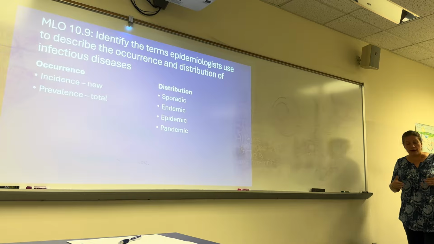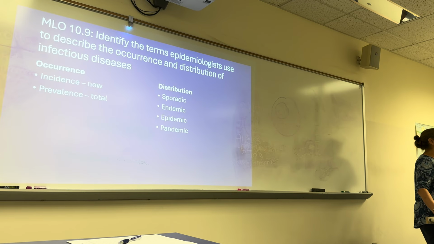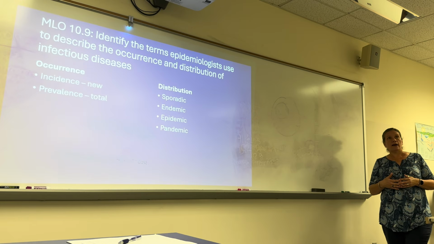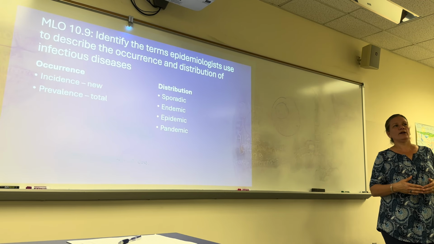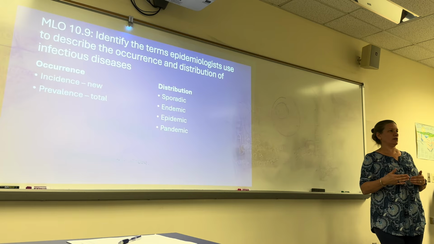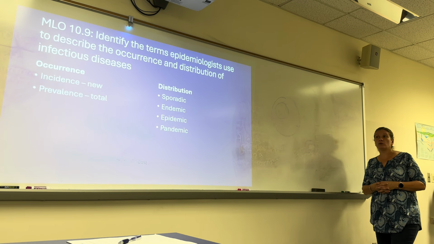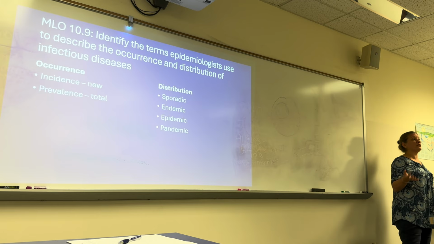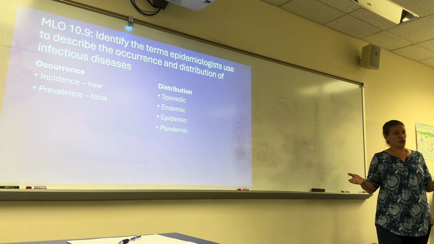And you say, well, why would that make a difference? Well, new cases, and where we're at with new cases, gives us an idea as to what's happening now, and the transmission that's occurring. Total looks at all of these people that are infected, but that doesn't mean that they just got it.